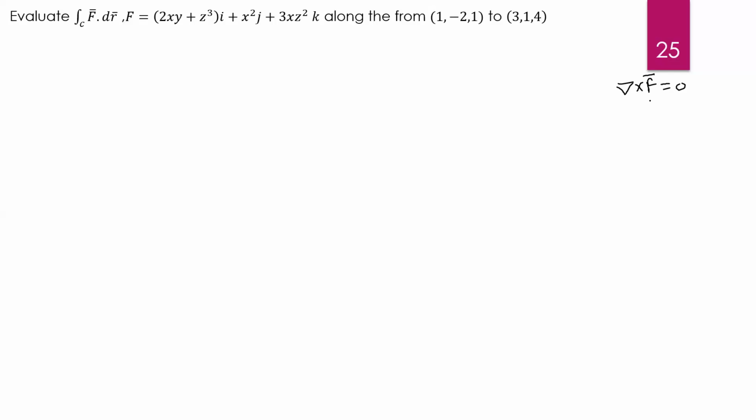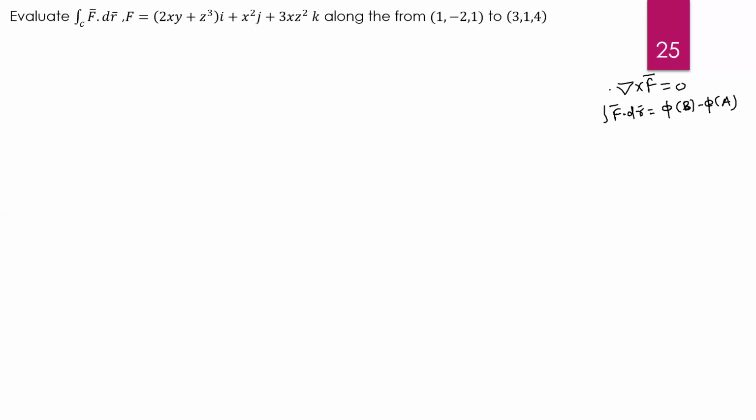Then the line integral of f bar dot dr bar is equal to phi of b, the upper limit, minus phi of a, the lower limit. Okay, so what is phi here? The phi is the scalar potential function.